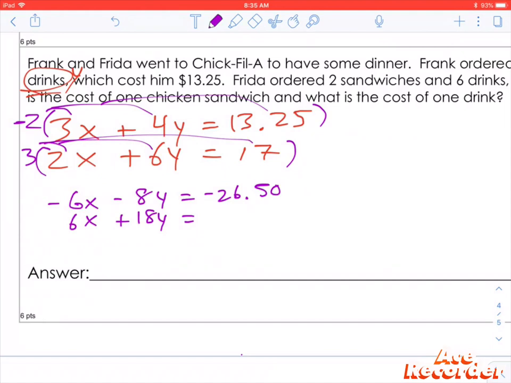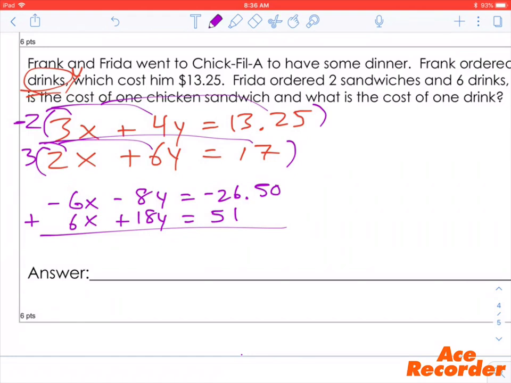And 3 times 17 is 51. And now I can add these together. Got to get opposites first, but now I do. X's cancel. I get 10y equals 51.